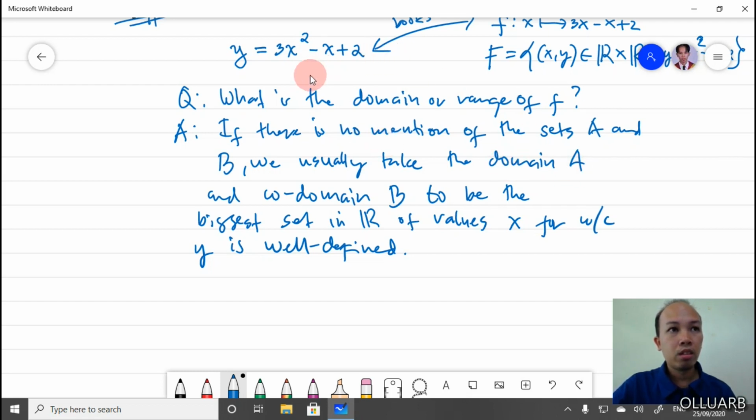Okay, so let's focus on the set of real numbers. There are other objects like matrices, or it could be functions, or other objects in higher mathematics that you can put a meaning to this equation.